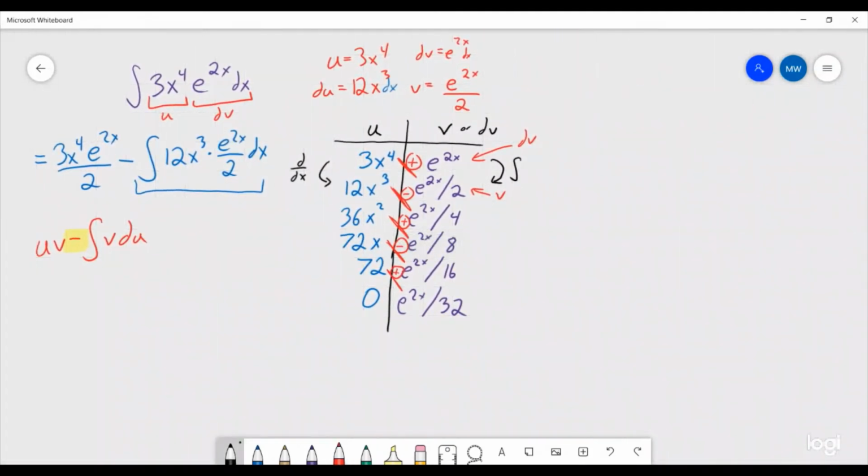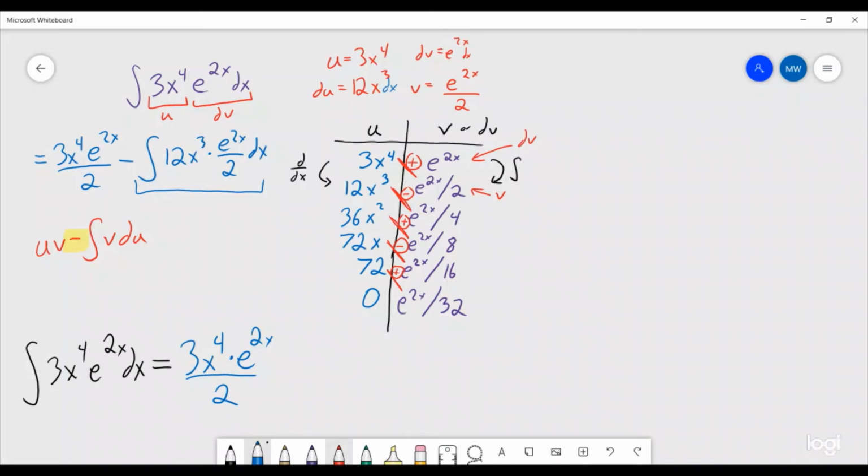So if we were to chain all of those together, we would get the integral of 3x to the fourth e to the 2x dx is equal to, we have uv, so our first term, 3x to the fourth times e to the 2x all over 2, because that's a plus.